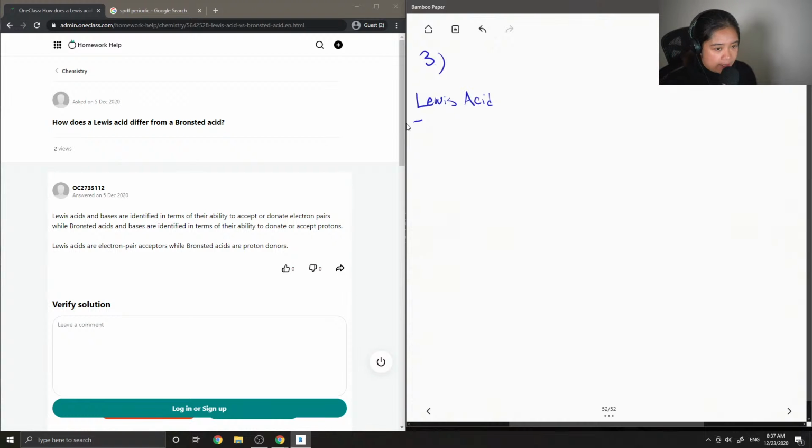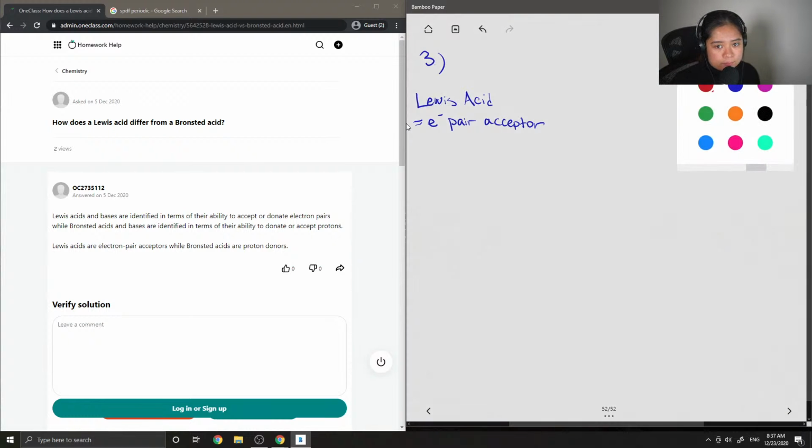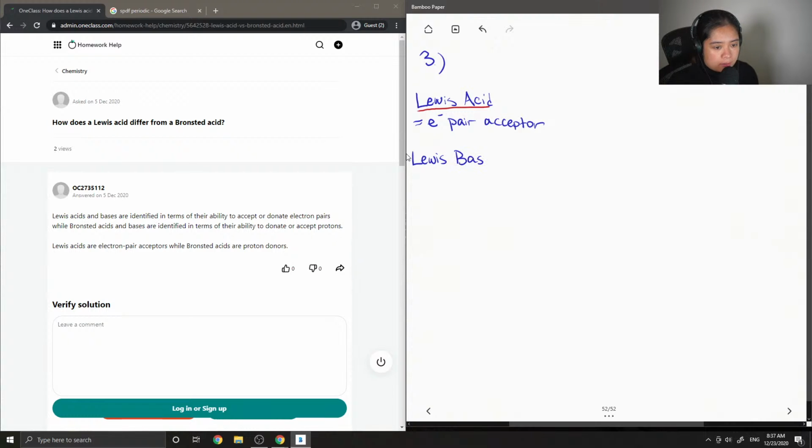So a Lewis acid is an electron pair acceptor, and I'll also just write down the definition of a Lewis base, which, as you can guess, is an electron pair donor.